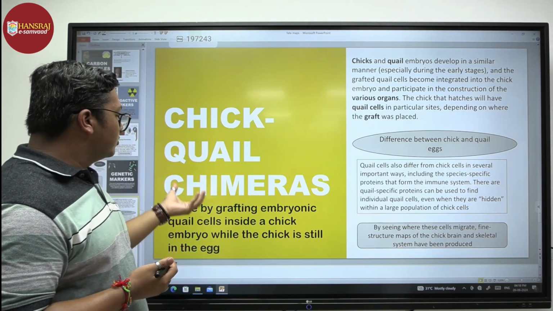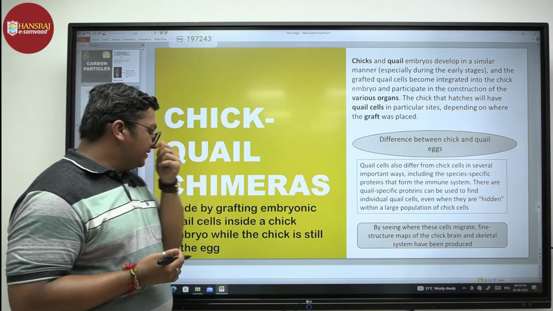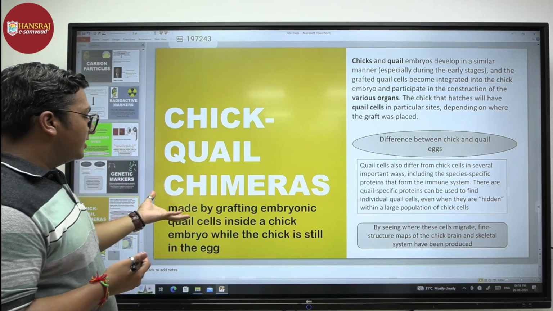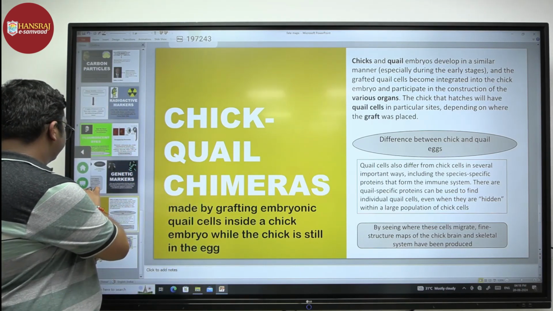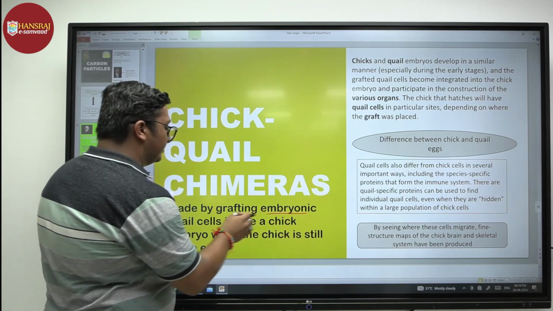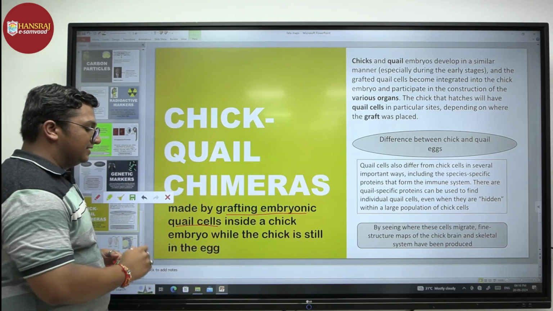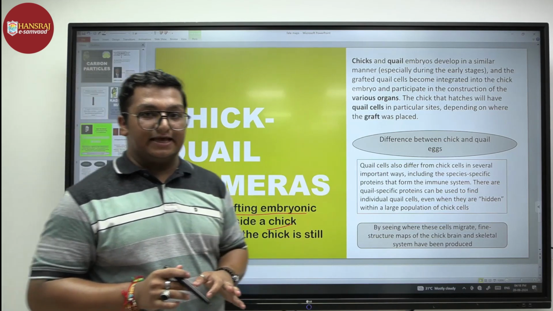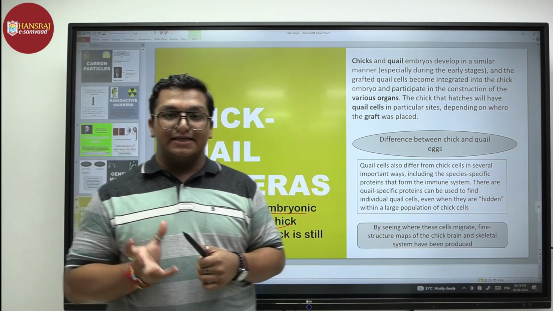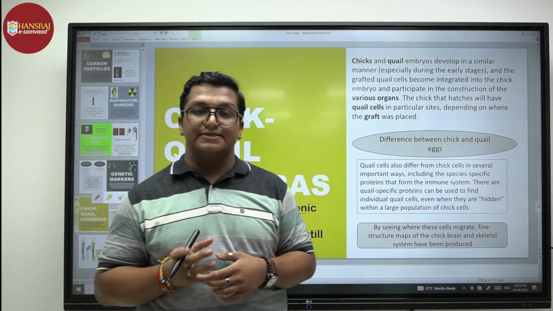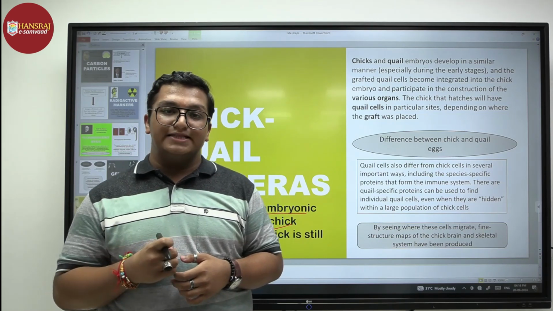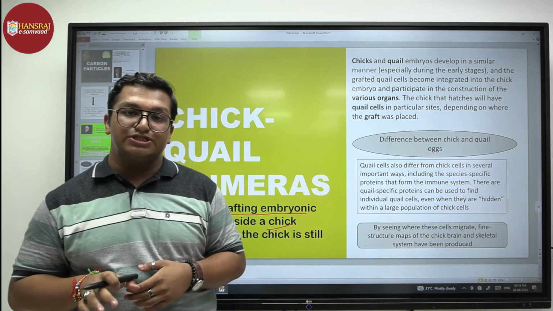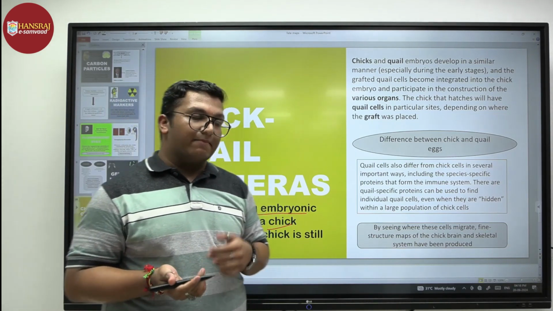So we made chick and quail chimeras using the genetic markers. So how are they made? They are made by grafting embryonic quail cells inside a chick embryo while the chick is still in the egg. So our chick is still in the egg, and through xenoplastic transplantation, we take quail cells and transplant them into the chick's embryo to make the fate map of it.